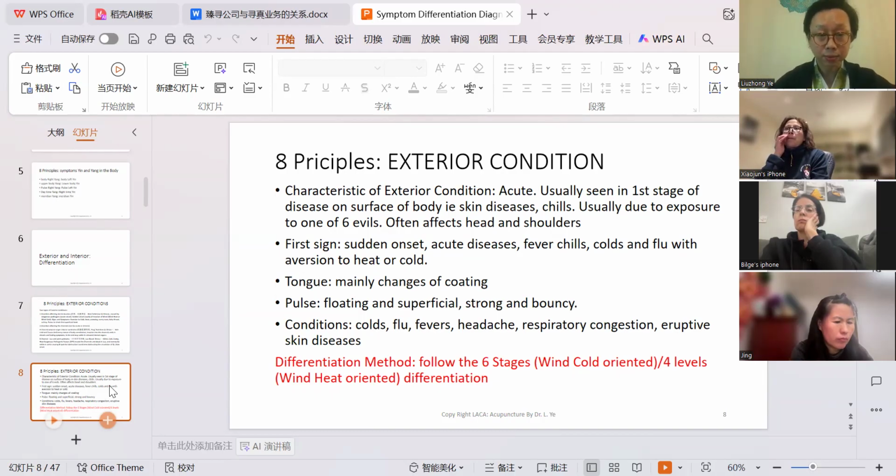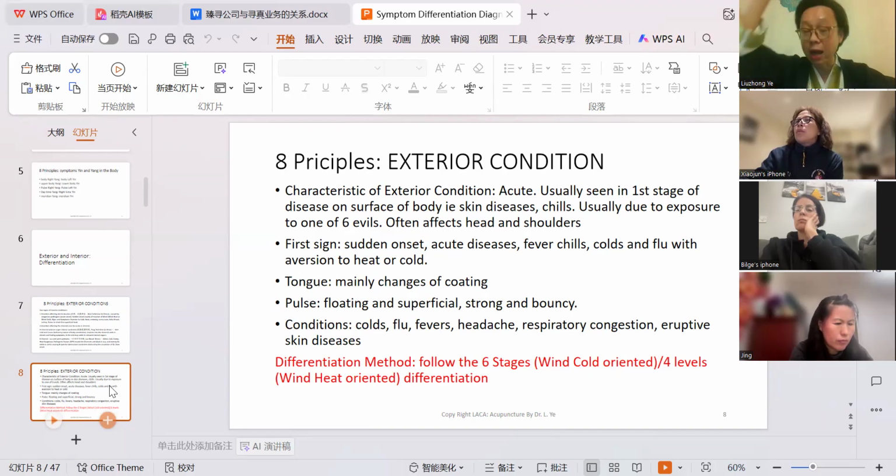Yeah. And then at least for an external condition, the characteristic is that it is acute, usually seen in the first stage of disease on the surface of the body, like skin disease, chills, usually due to exposure to one of the six evils, often affecting the head and shoulders because of the wind.